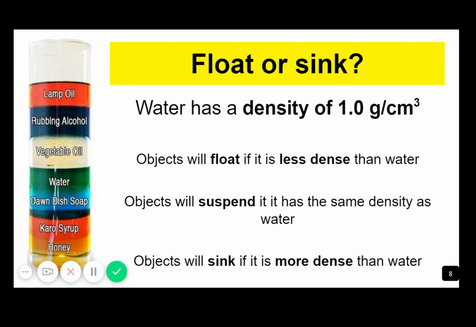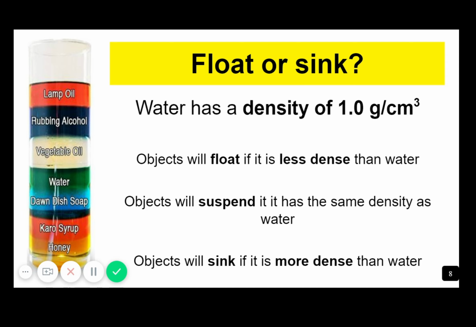So it should be around the levels of lamp oil, rubbing alcohol, or vegetable oil. Which layer is the least dense? If you're thinking about the lamp oil, spot on. Which layer is the most dense? If you thought about the honey, you are absolutely correct.